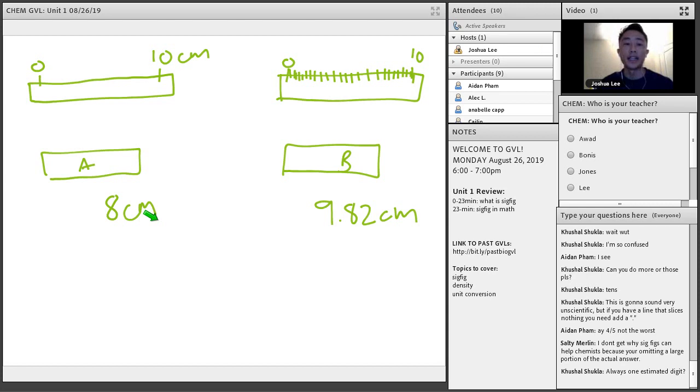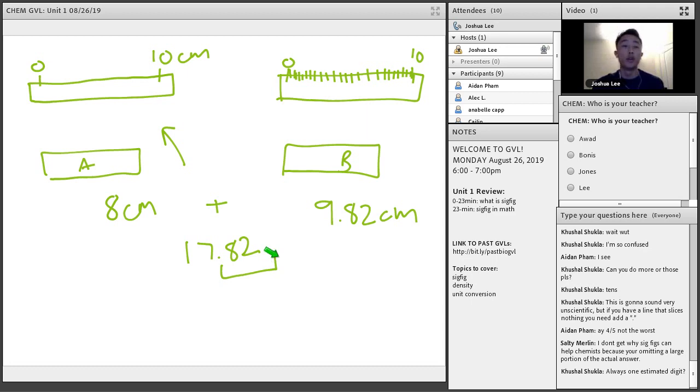So if you were to add these two numbers up, you would think you have 17.82. But remember, person A's measurement tool was very imprecise. It didn't give them a lot of answers. So you actually don't know if this 0.82 is true.